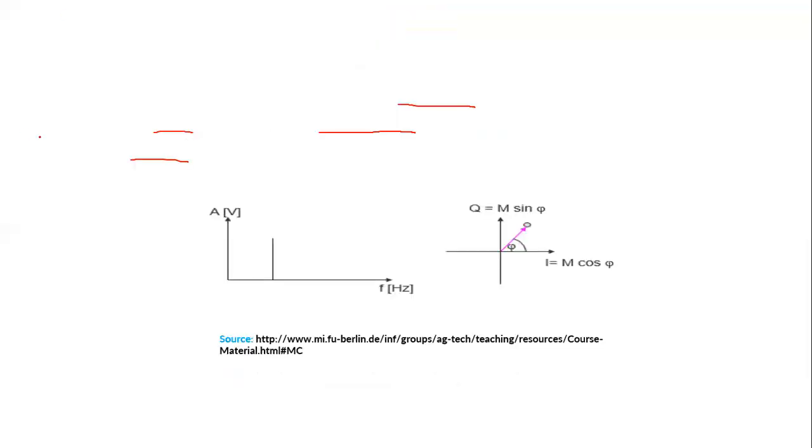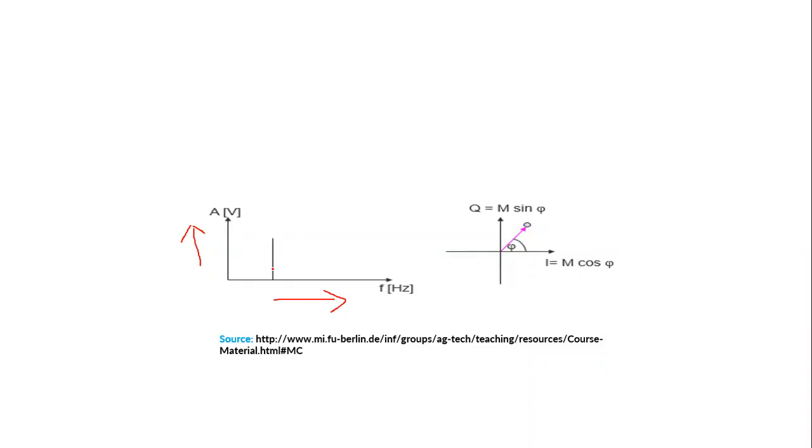So this diagram shows how the signal will look in the frequency domain. Here the x-axis is frequency and the y-axis is amplitude or voltage. You can see there is only one line, because this is a periodic signal with only one frequency.